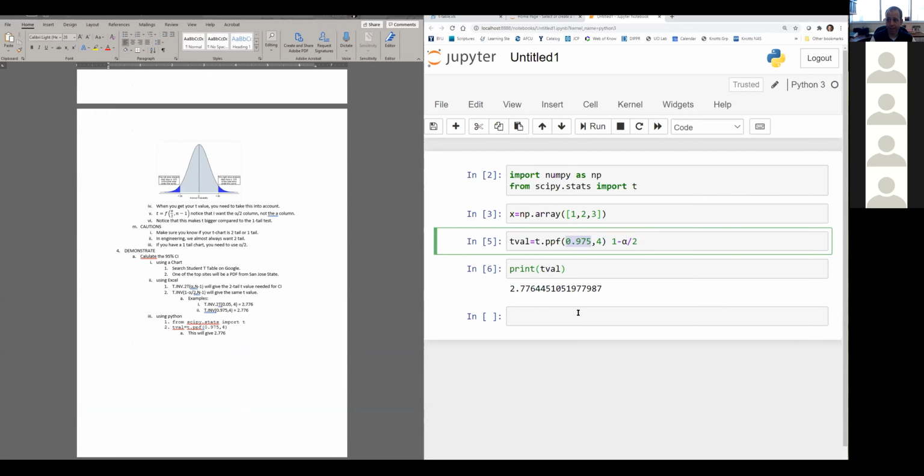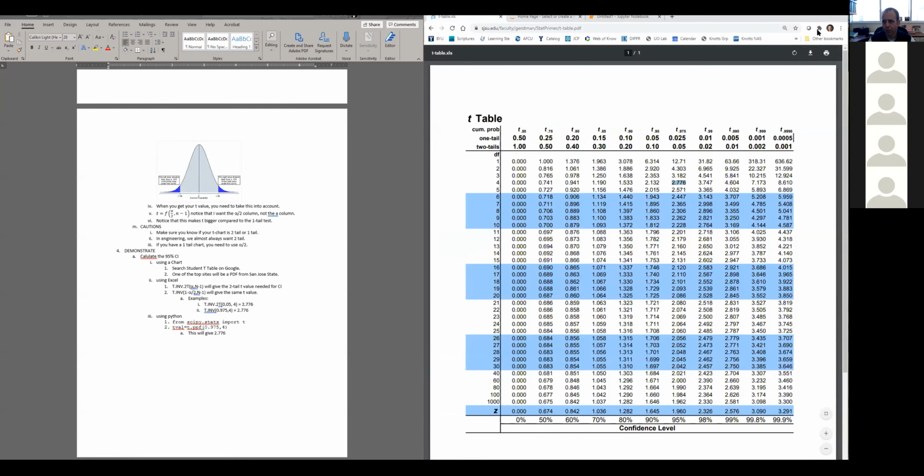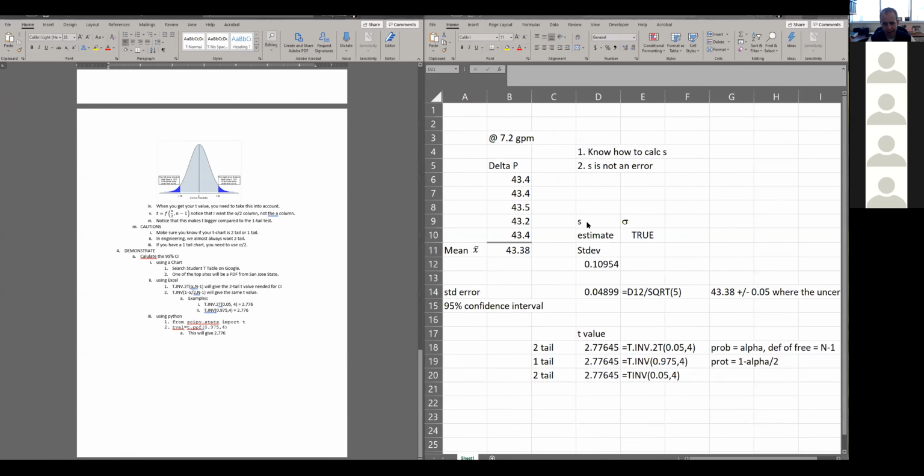So this is assuming one tail. You've got to know you're going to split your 0.05 into 0.025 on one side and 0.025 on the other, so I'm going to have to integrate over to 0.975. You're going to want to be familiar with how to use Python, how to use tables right here, or how to use Excel, or whatever program you're using.